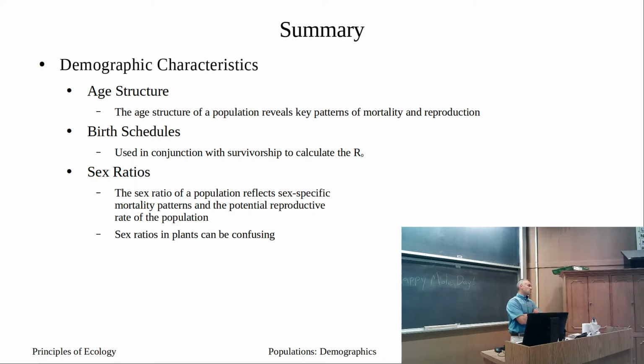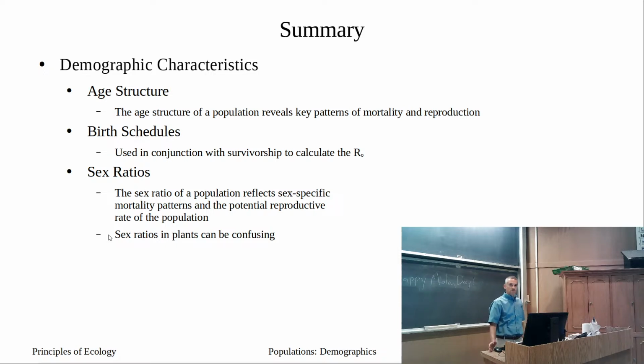So if we're skewed more towards female in a dioecious population, then it suggests that we're probably going to start seeing population growth. If we're skewed towards males, we can predict that we're probably going to be declining. All right, sex ratios are fairly easy for animals, where you can identify males and females.